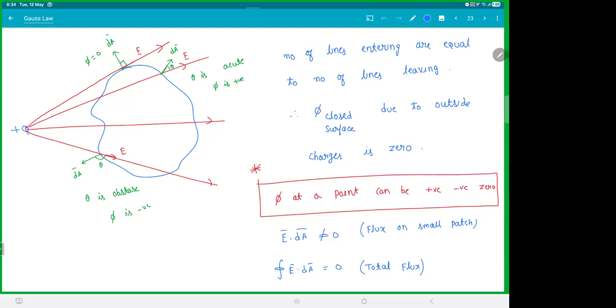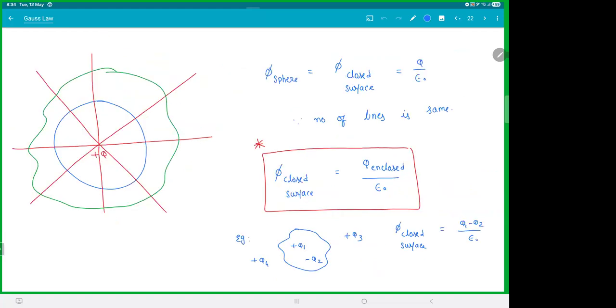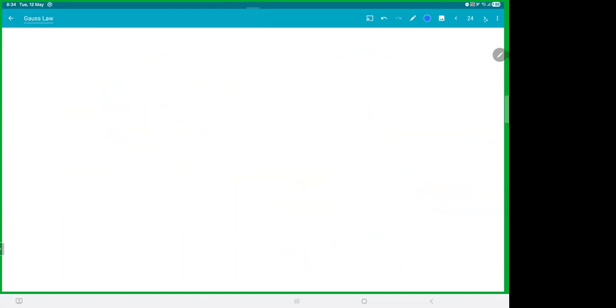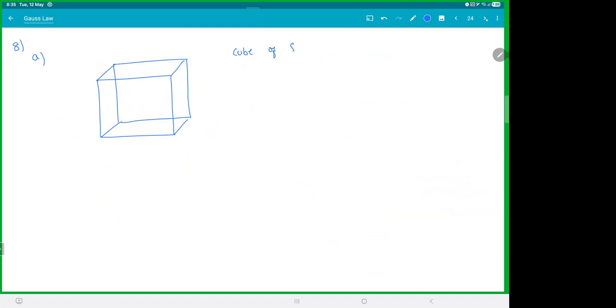All right, great. So let's see a question on this. We got a cube here of side A. You kept a charge q at the center.